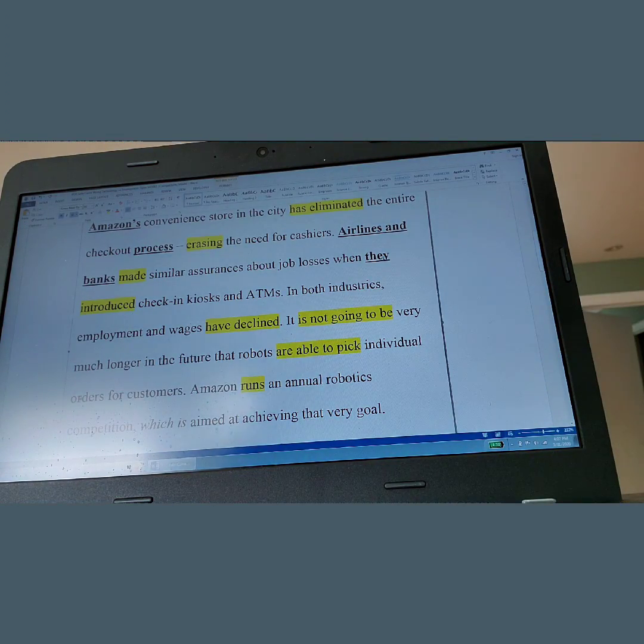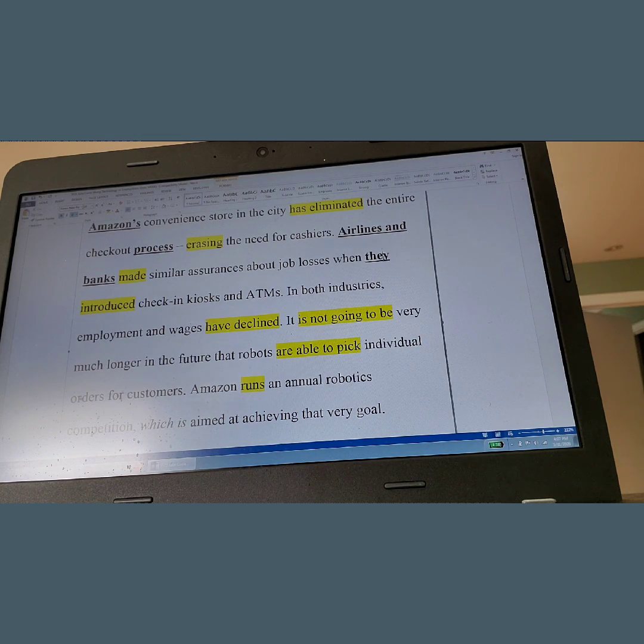So when they introduced, right? So they being a pronoun, right? Subjects are nouns and pronouns. So when they introduced, and who is they? They being the airlines and the banks, right? So the pronoun goes back to nouns that are previously mentioned.